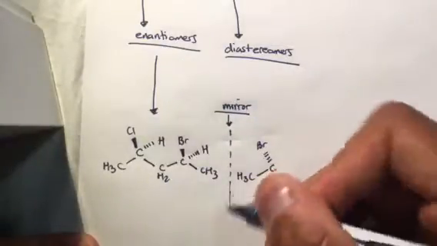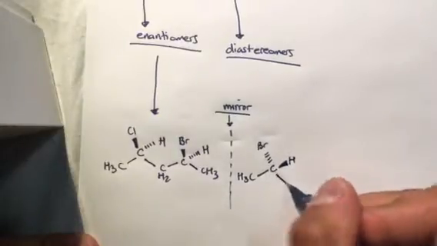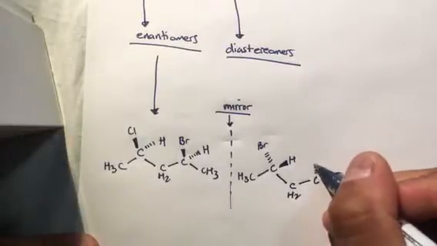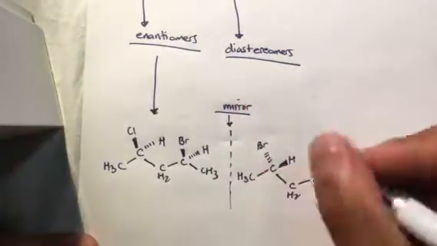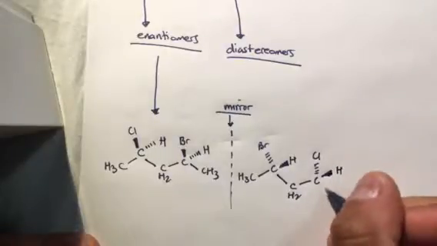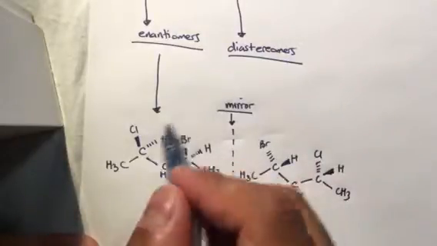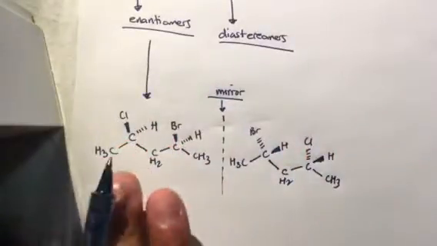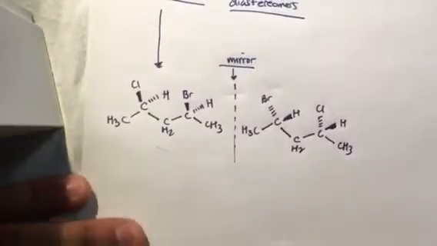So now the bromine is going to go behind, and our hydrogen is going to come out. And same thing here. Our chlorine is coming out, so now it's going to go behind because you're switching it, and our hydrogen is going to come out. So this is our enantiomer right here. It's an exact mirror image of the original compound.